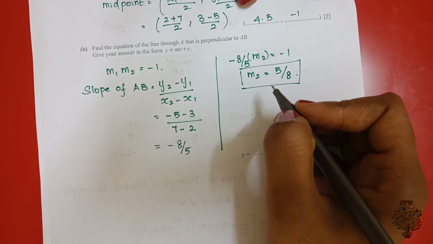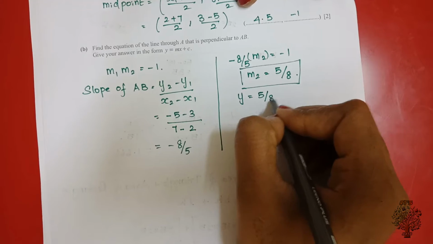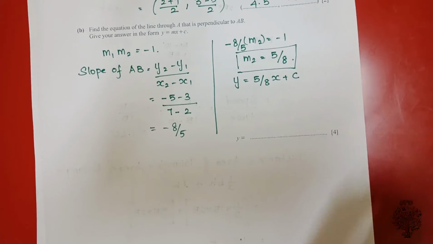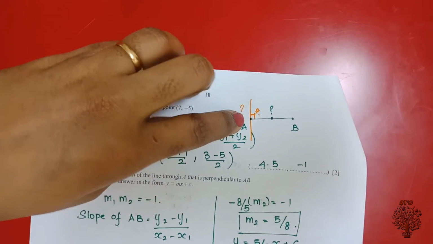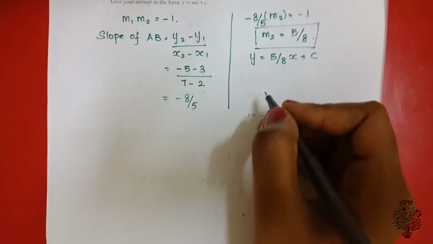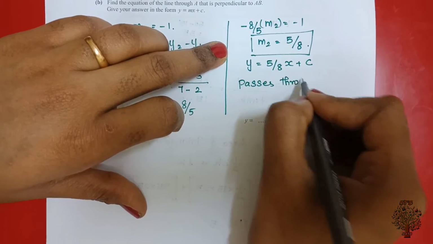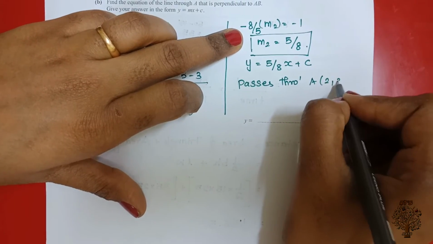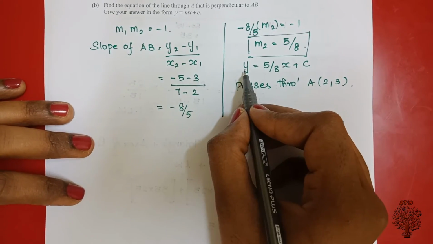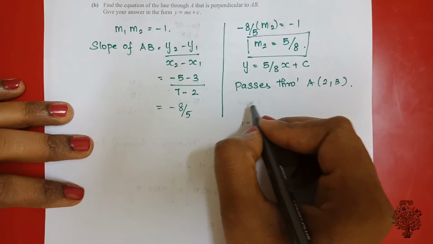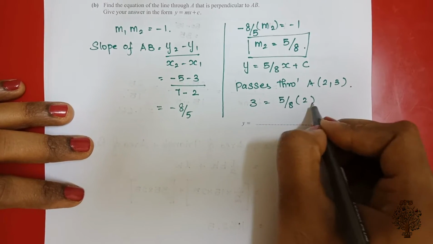Now the formula is y is equal to 5 by 8 x plus c. This line passes through A. The point A is (2, 3). I'm going to just substitute 2 in the place of x and 3 in the place of y. We will be getting here 3 is equal to 5 by 8 multiplied with 2 plus c.